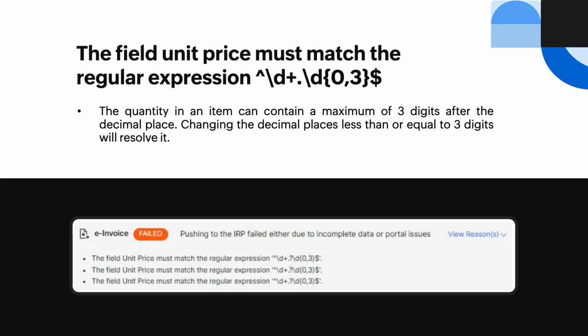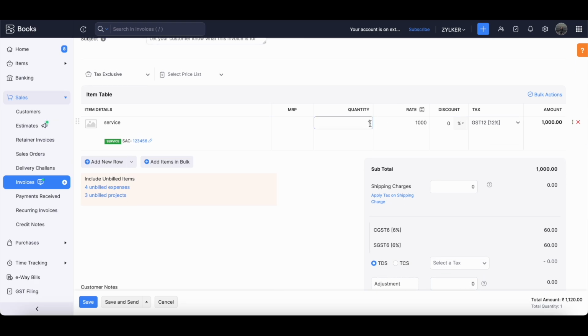The next error would be that the field unit price must match the regular expression. What is this? The field unit price error is related to the quantity that you select for items in your invoice creation section. The quantity that you select should have no more than 3 decimal places. When you are raising this invoice, there is a quantity that you give, for example 567.